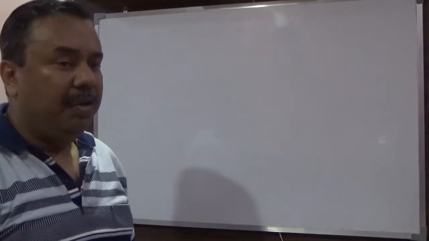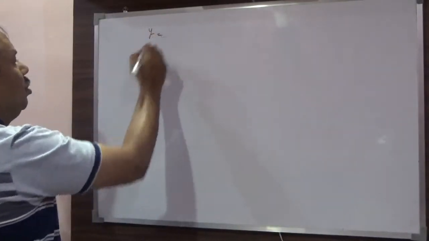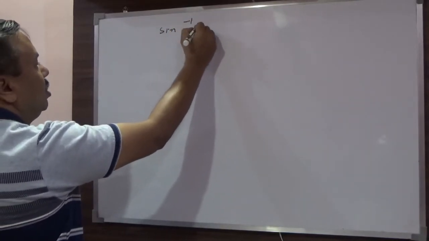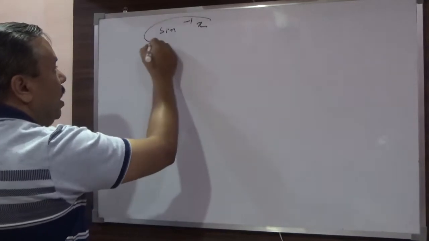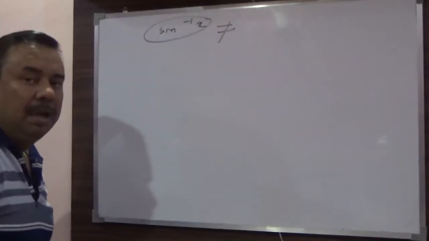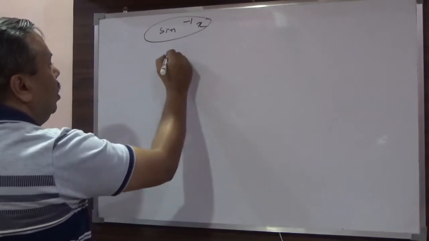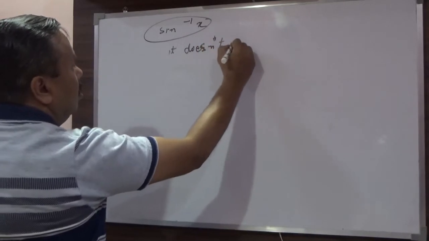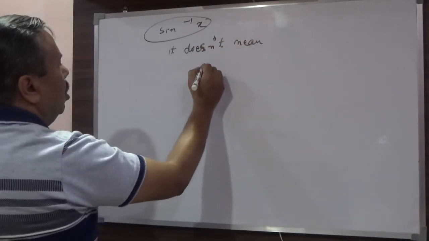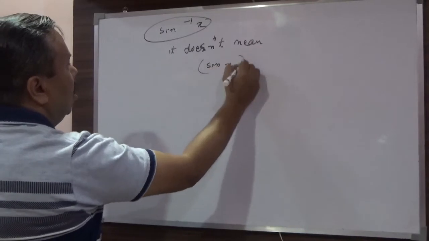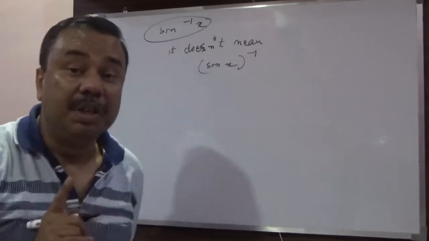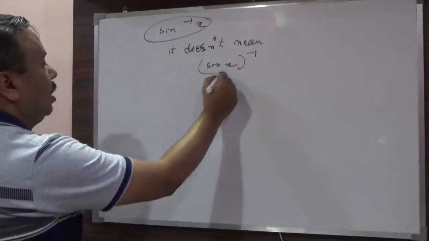One thing I would like to clarify: when I say y is equal to sine inverse x, it never means sine x to the power minus 1. Never get confused with this. It is not like that.